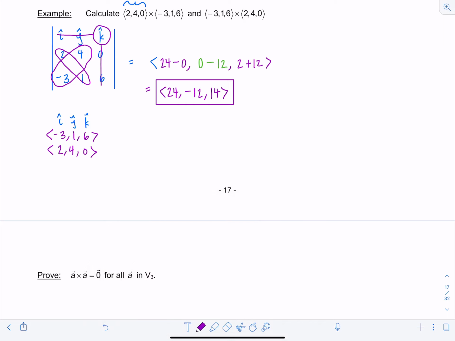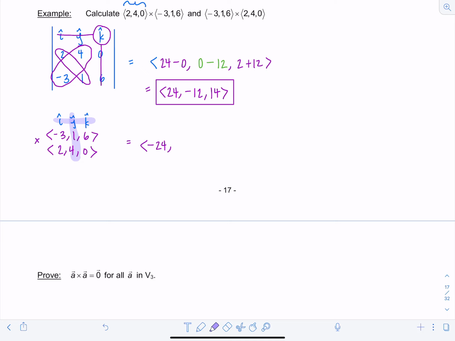And then you just start taking your cross product. So the cross product of these two, in my mind, I'm imagining that I'm doing this, and then I go, okay, that's going to be 1 times 0, so 0 minus 6 times 4, so that's negative 24. Okay, then you erase that part. Now I'm moving on to the next one. Now remember, I multiply in the reverse order, so I incorporate the negative.